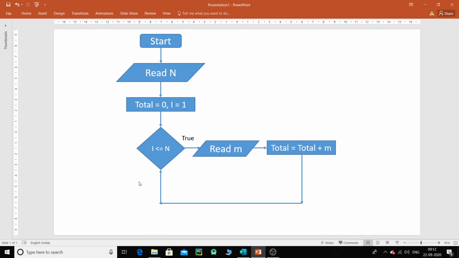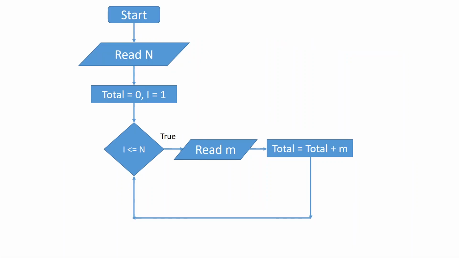Now if I run this PowerPoint presentation, this is what it is going to look like. Let us analyze whether this is right or wrong. So I say read n is 5, total is equal to 0, I is equal to 1. Is I less than or equal to n? Yes, I is 1, n is 5. The condition is true, so it goes ahead and reads m, which I collect in total, and again it goes and checks the condition.